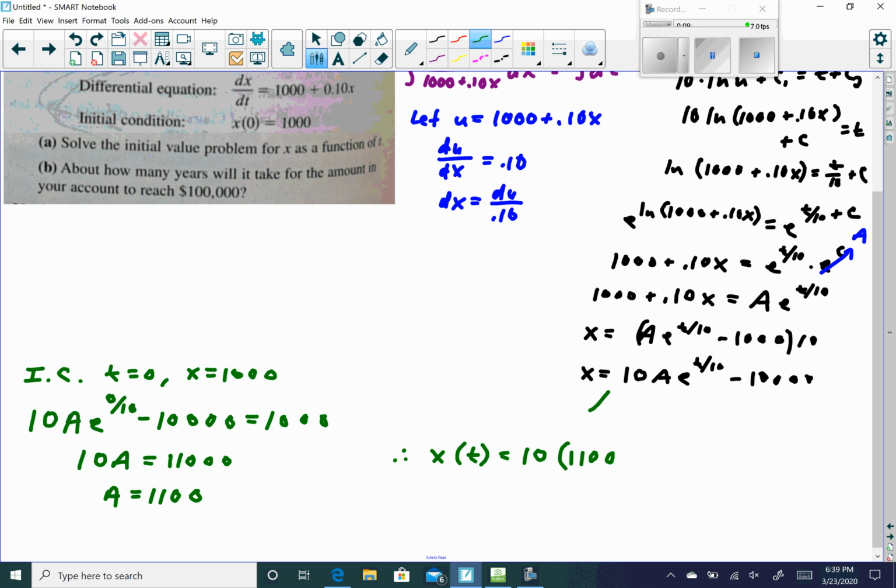I'm just substituting into this equation right here. E to the t over 10 minus 10,000. Or you could just say it's 11,000 e to the t over 10 minus 10,000. All right, so that's the final answer for part A.